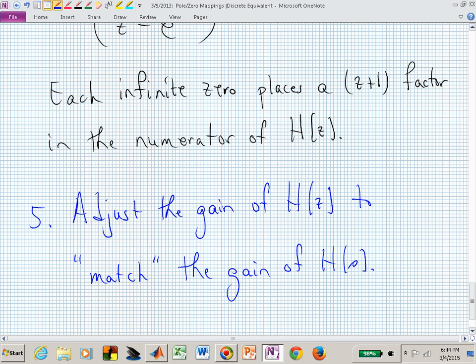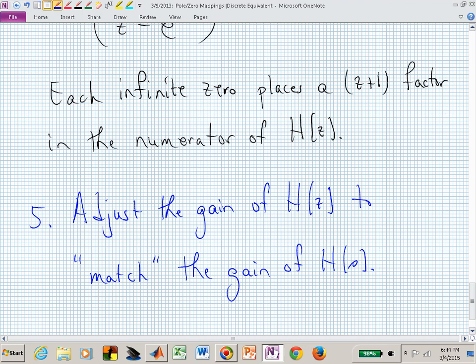And this is not match.com. It means we don't have a perfect match. We have a match at one frequency. So if you're on match.com, you can say, I only want to match at one frequency. I have no idea what I'm talking about.